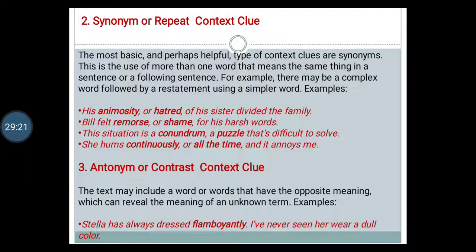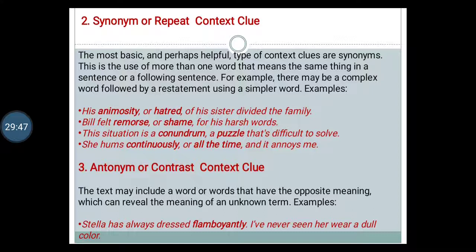So when you see sentences like this, they are called synonym or repeat context clue. The clue is there, okay? And somebody asks, what's the meaning of animosity? It's hatred. Replace remorse with another word, shame. Or if you know a simpler word, because sometimes these context clues will actually open your mind up to other words that are equally useful.